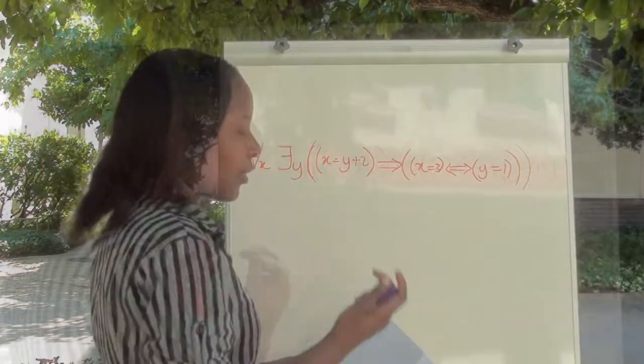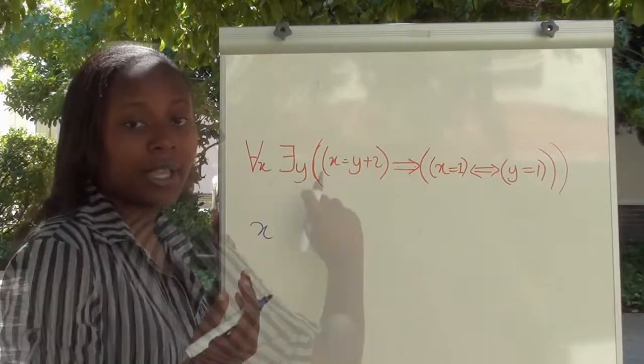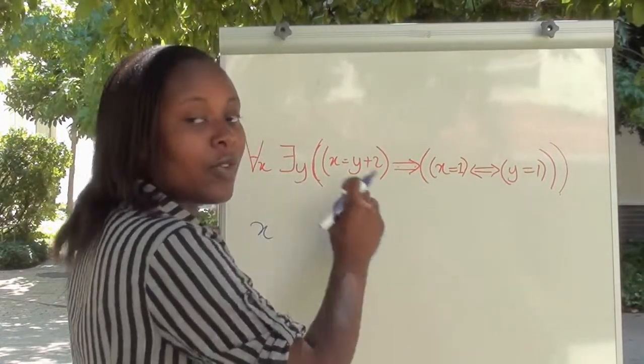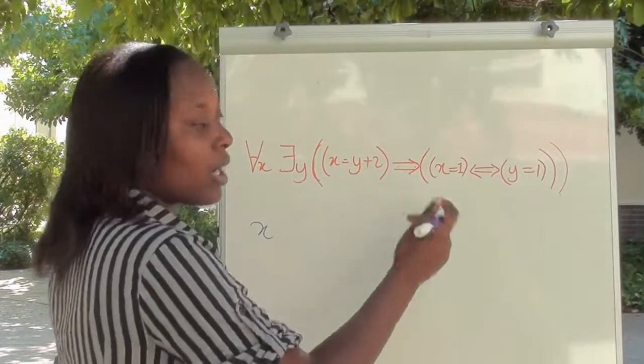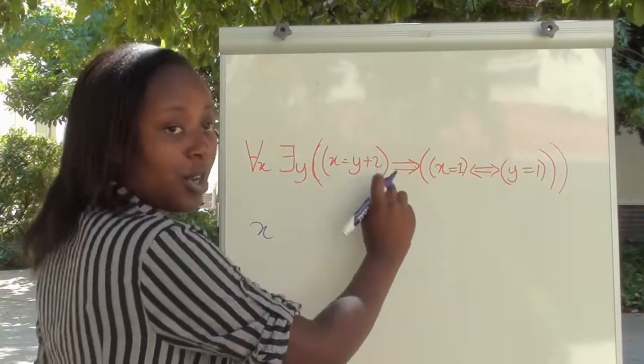Let's begin by choosing any x. We have an arbitrary x. This statement says that if this, then that. If you want this whole expression to be true, we now look at the different instances when we have truth coming from the truth table of this implication.